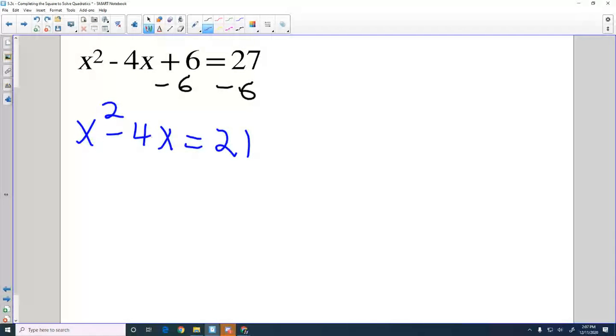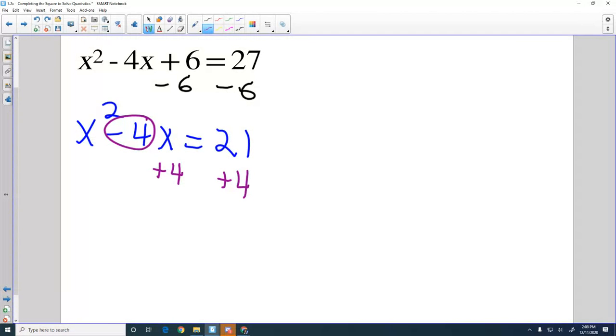To complete the square, I need to add this magic number to both sides. What is the magic number? It is 4. How'd you get a 4? Because you take half of your b, and then you square it. I looked at b, which is the linear coefficient, I divided it by 2, and I squared it.